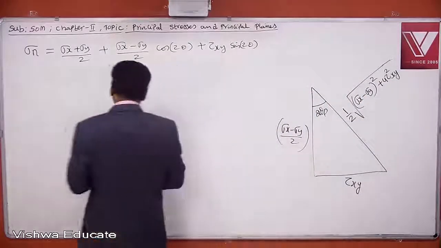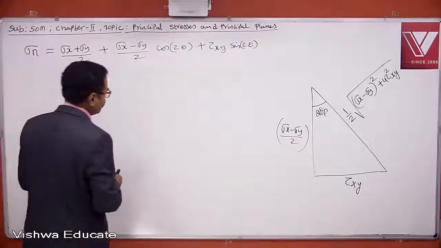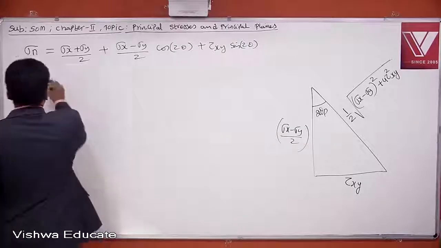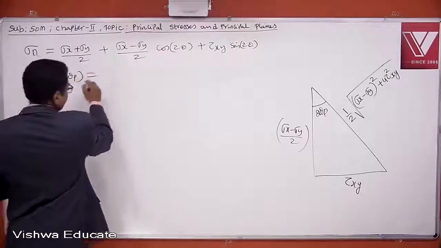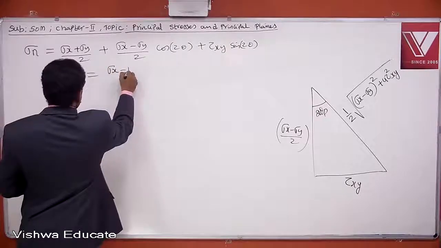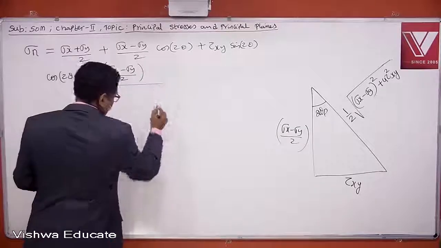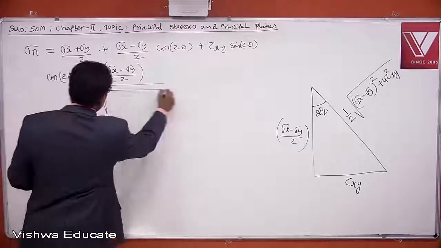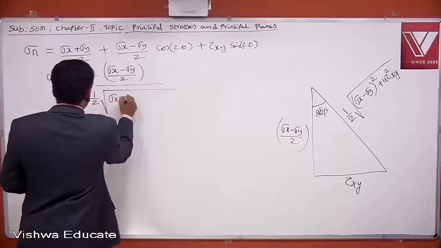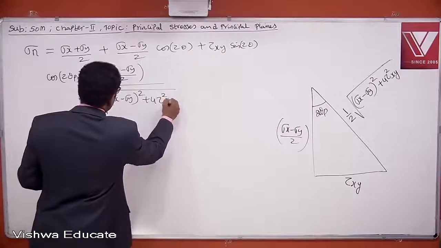Now, from the triangle, you tell me what is cos 2 theta p? Cos 2 theta p is equal to adjacent side by hypotenuse. That means (sigma x minus sigma y) by 2, divided by half into the square root of (sigma x minus sigma y) whole square plus 4 tau square xy.